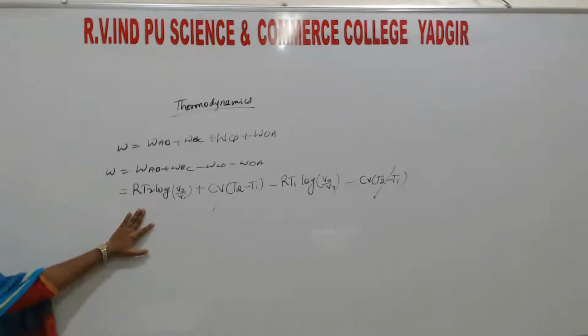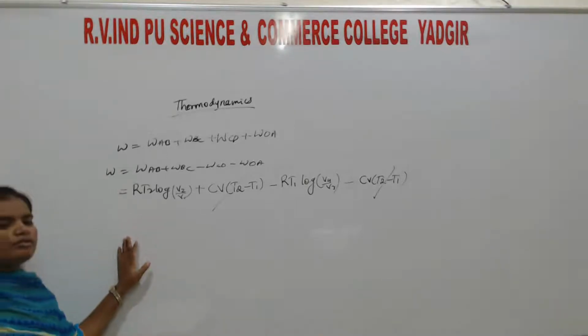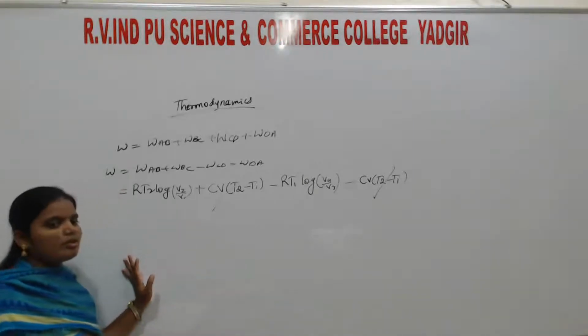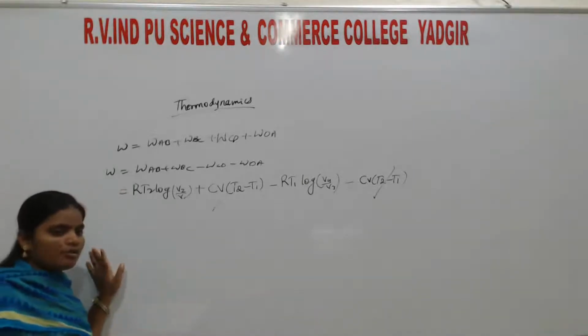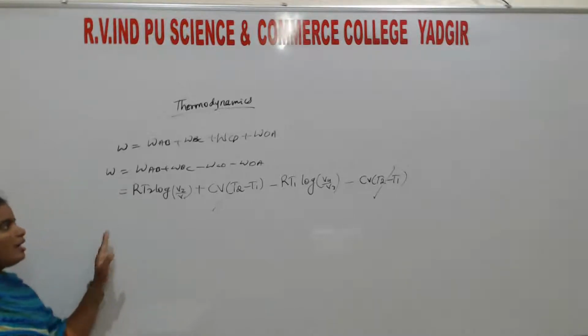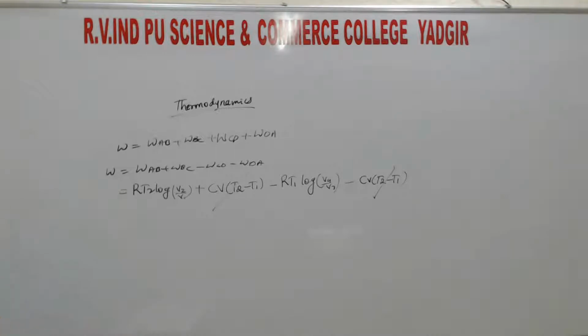This is equation number 5. Up to here, in the first process equation number 1, in the second process equation number 2, in the third process equation number 3, in the fourth process equation number 4, and this is equation number 5.